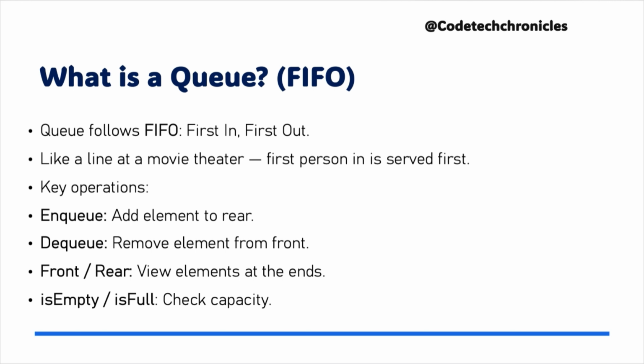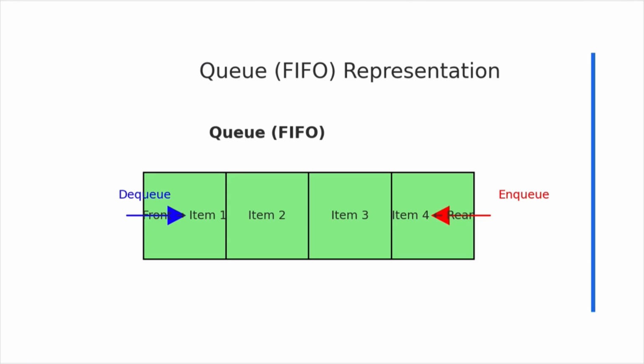Common applications include job scheduling in operating systems, task queues in backend servers, printers, and data buffers where order matters. This is an example of a queue. You can see the operations: enqueue at the end and dequeue at the front.